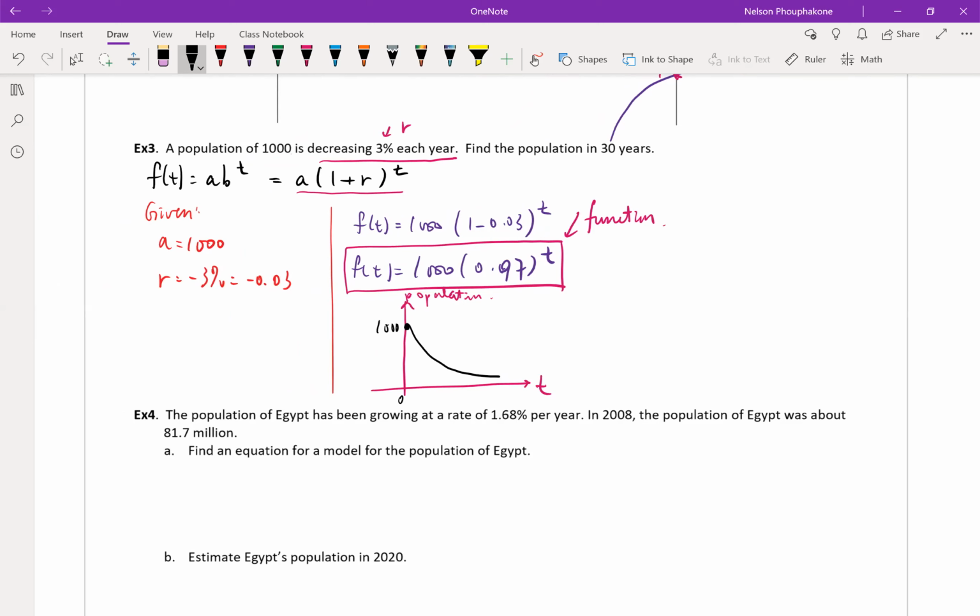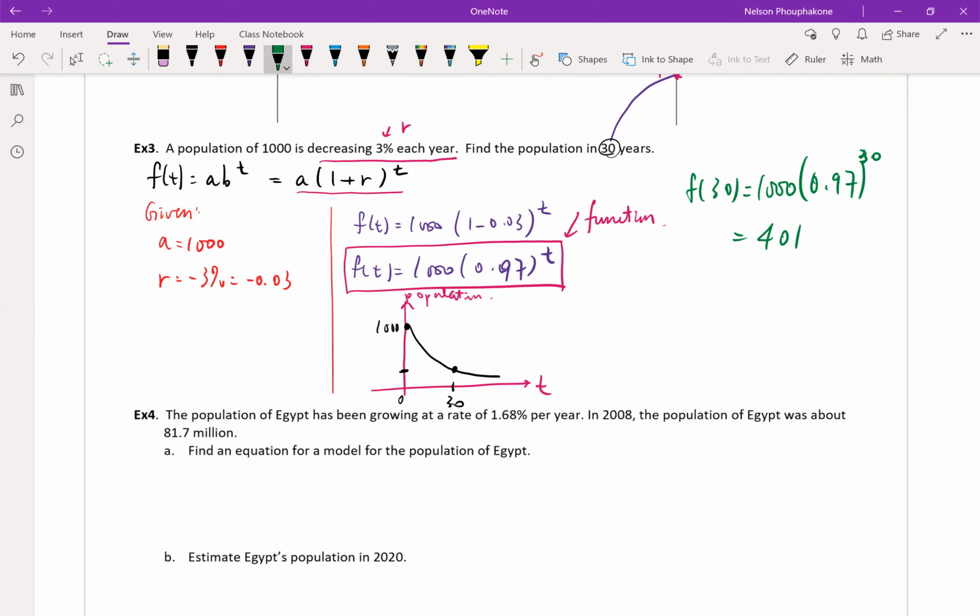Now what I would like to do is find the population in 30 years. So in this case, I just need to evaluate f of 30. I will have 1,000 times 0.97 raised to the power of 30. If you use your calculator, you should get 401.